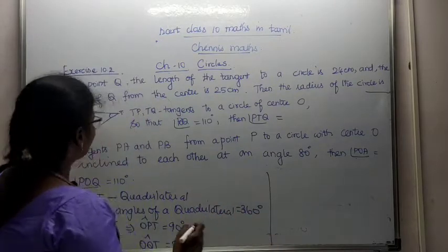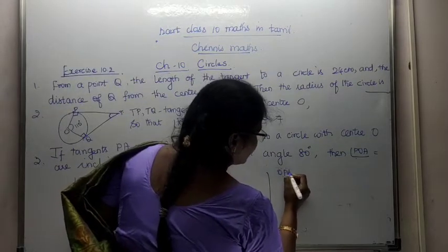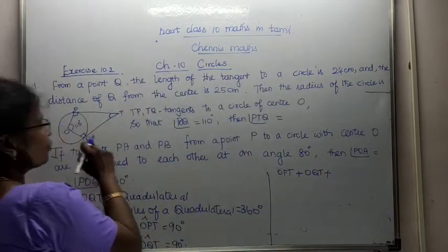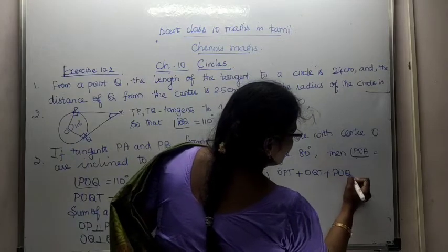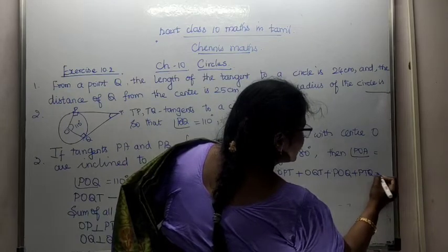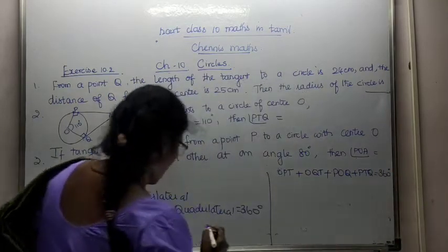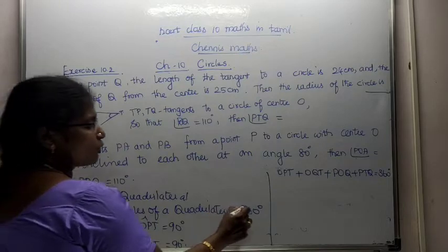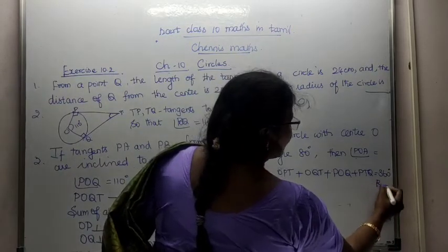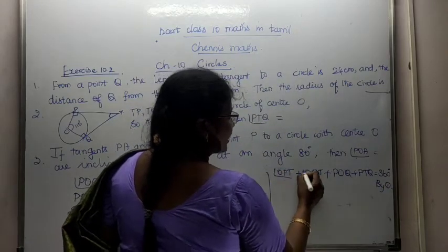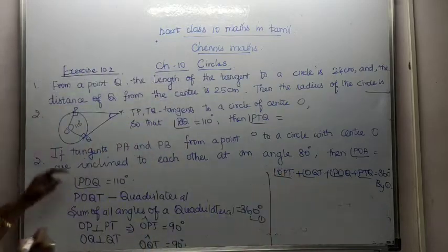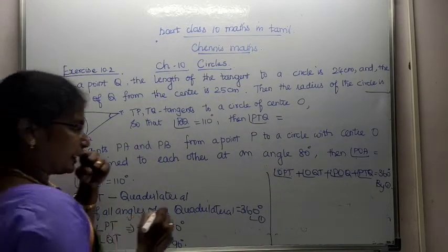Therefore, we get OPT plus OQT plus POQ plus PTQ is equal to 360 degrees, because the sum of all angles of a quadrilateral is 360 degrees. Now adding all the angles gives 360 degrees. Here POQ is given as 110 degrees.